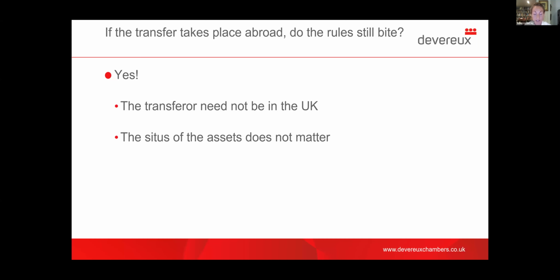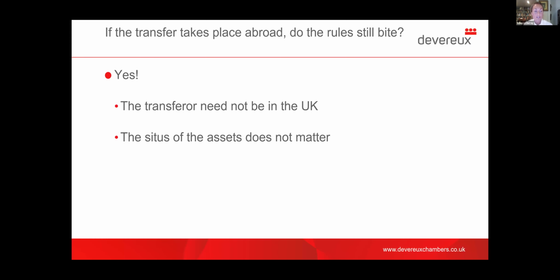721 5B provides that it doesn't matter whether the individual is UK resident for the tax year in which the relevant transfer is made, if that's different from the tax year in which income is treated as arising under section 721 1, and that's repeated for the second head of charge under section 728 3. So in relation to the third head of charge under section 732, the person charged on the benefits provided need not have anything to do with the transfer, so it doesn't matter where he is at the time of the transfer.